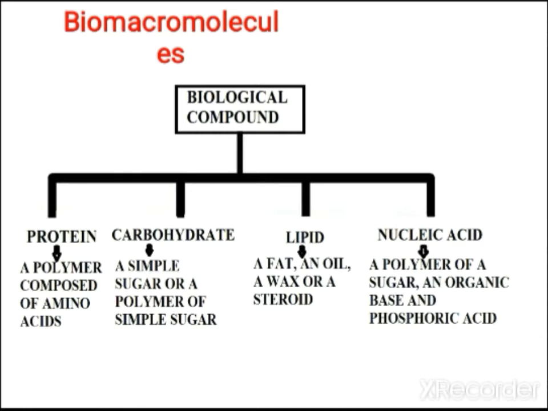Carbohydrates are of various types: monosaccharide, disaccharides or polysaccharide. Lipids are fats, oils, waxes, or steroids. Nucleic acids, DNA and RNA, are polymers of sugar, an organic base and phosphoric acid. We will study everything in detail, children, in this chapter.